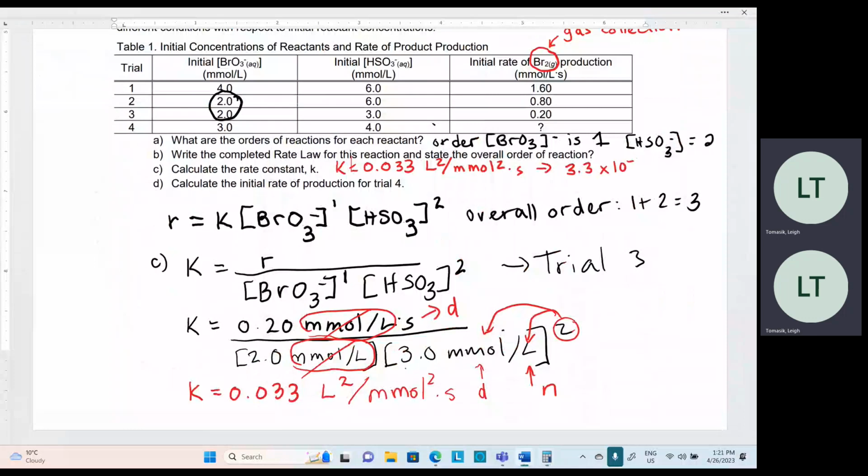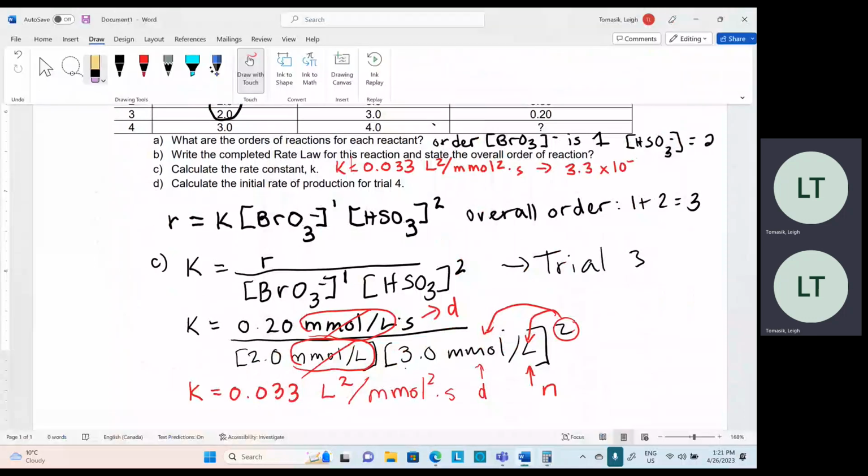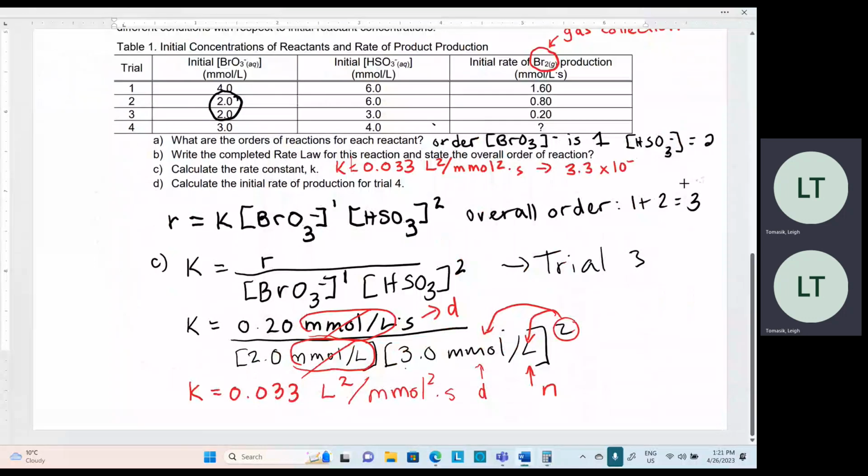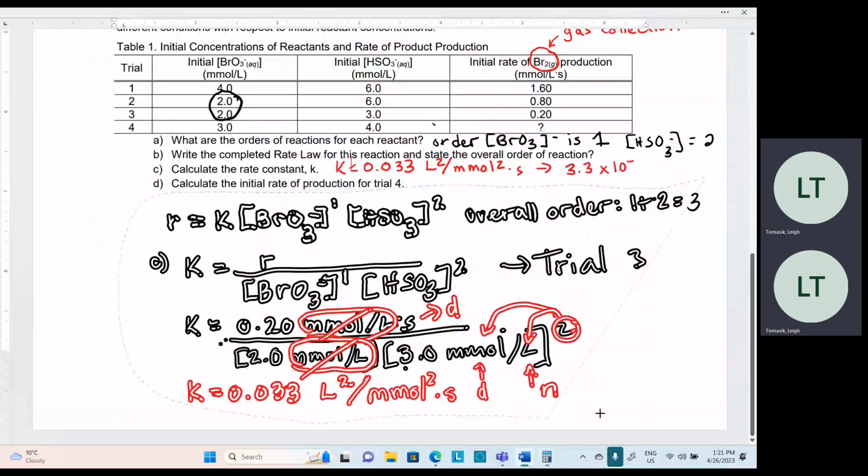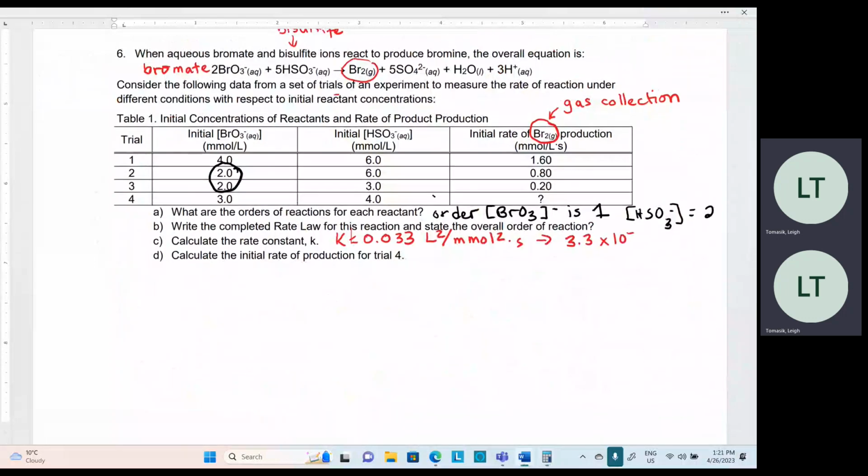It says calculate the initial rate of production for trial 4. So I'm going to get rid of these calculations so we can have everything on screen at the same time. Delete. Calculate the initial rate of production for trial 4. So we're just going to use the rate law.